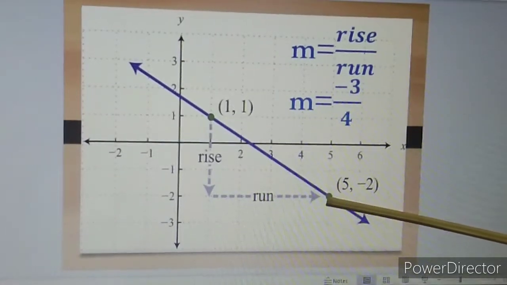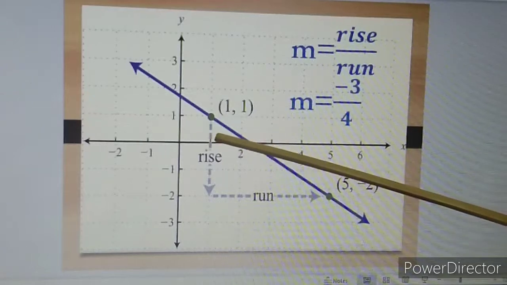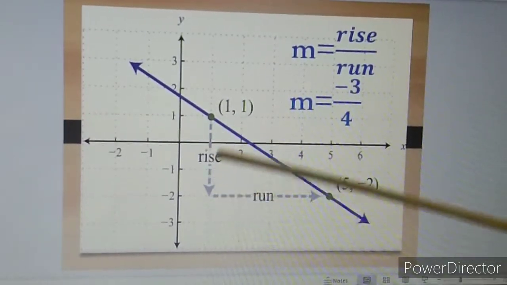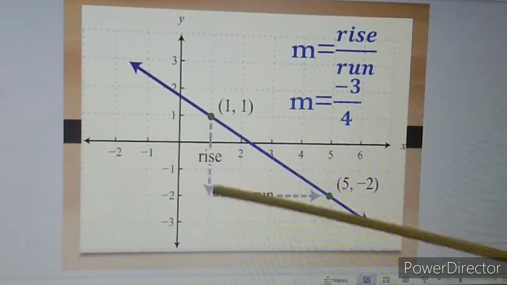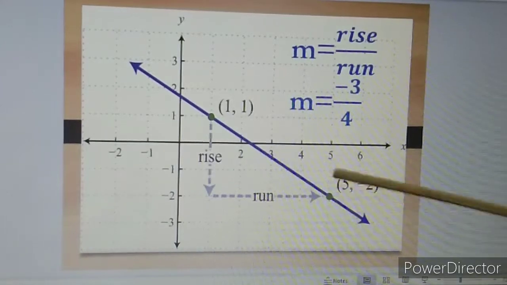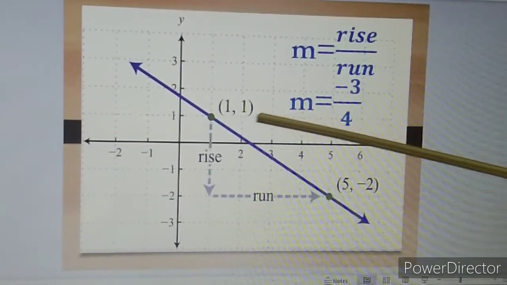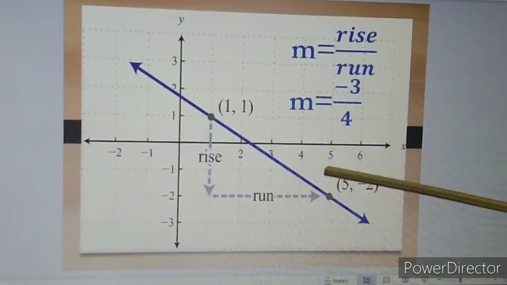So in finding the slope, you're going to form a right invisible triangle from that point to this point. So you can also write here, to form a right invisible triangle here.